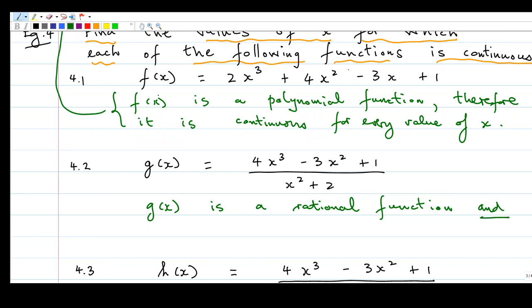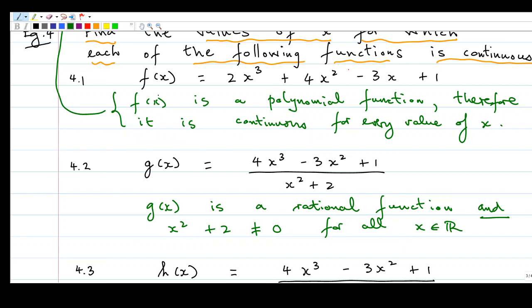And if you look at the denominator, in this case, x squared plus 2, this can never be 0 for all x an element of the real numbers.